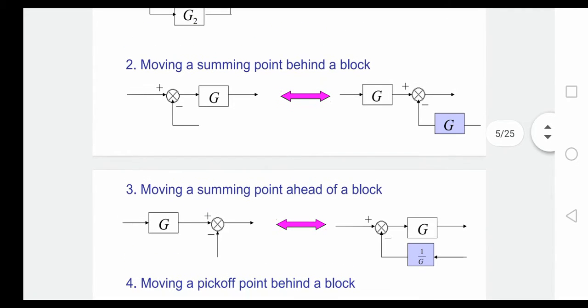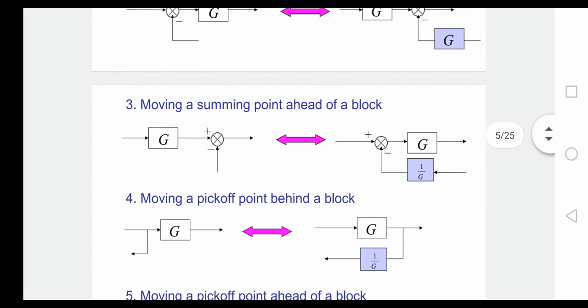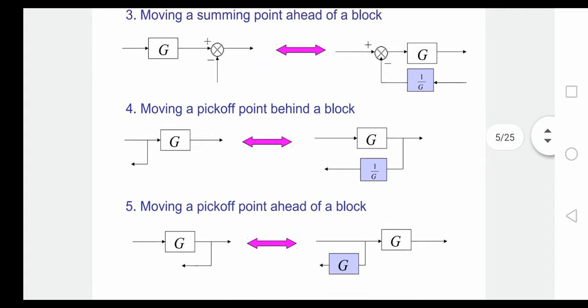For example, if you are moving a summing point behind the block, then what you insert behind the block is g, ahead of the block is 1 by g. For a pickup point behind the block it is the reverse, 1 by g. Pickup point ahead of the block is g.